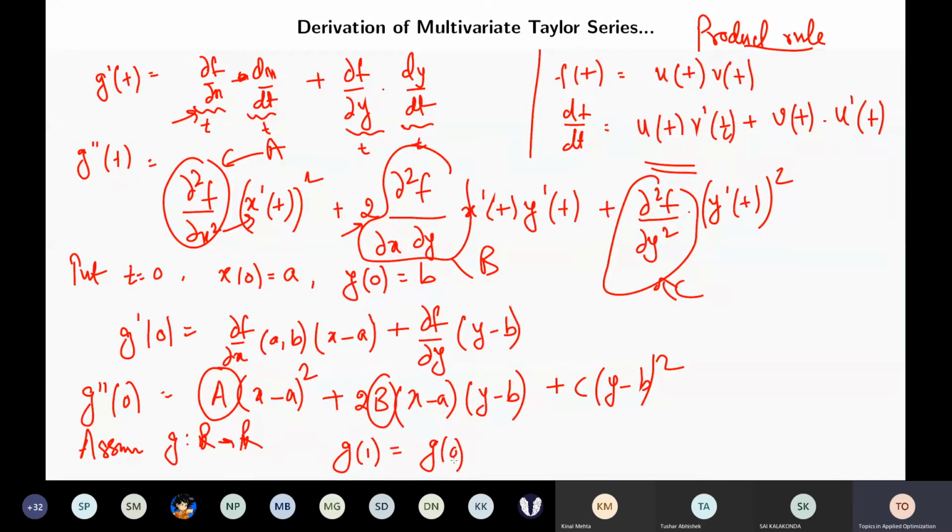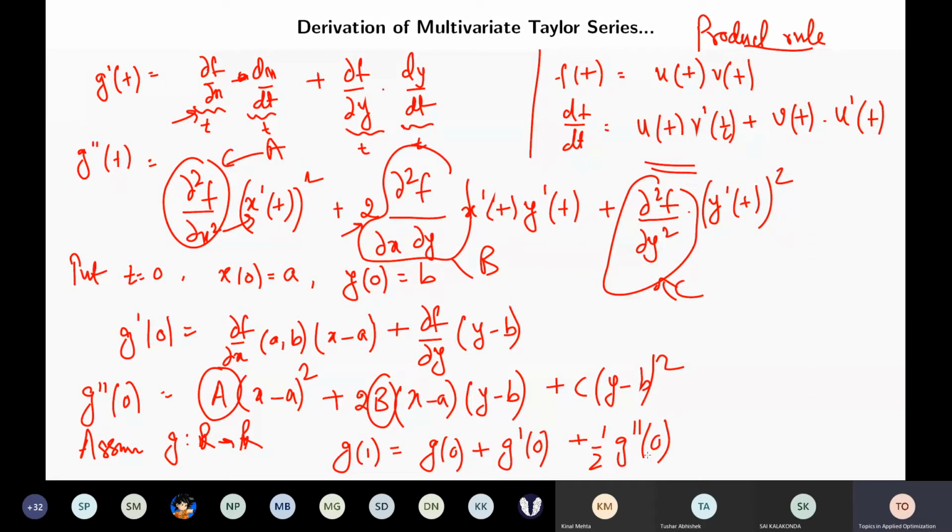I can expand G as follows: G of 0 plus G prime at 0 plus half of G double prime 0 and so on.